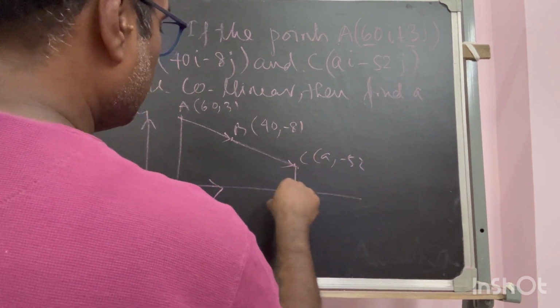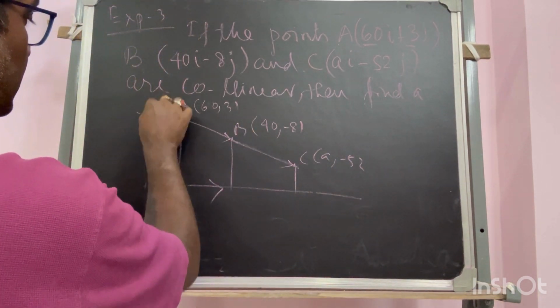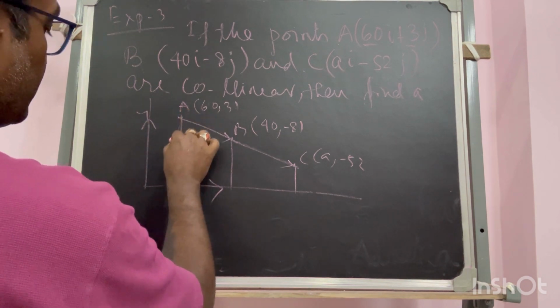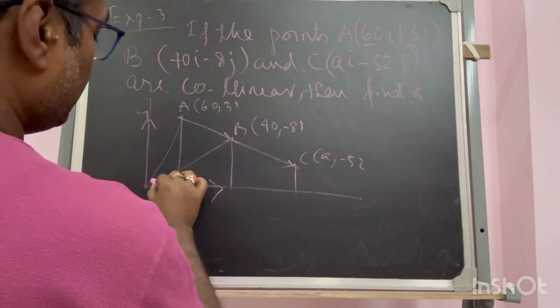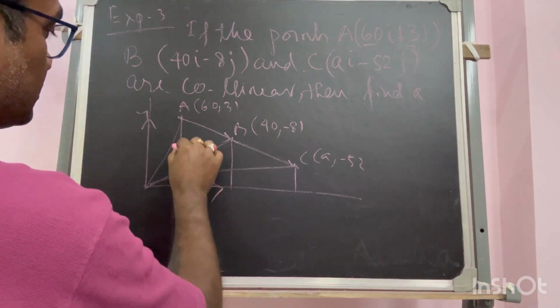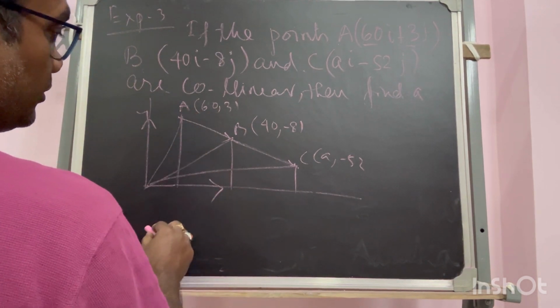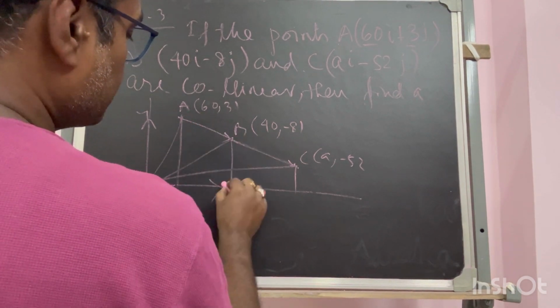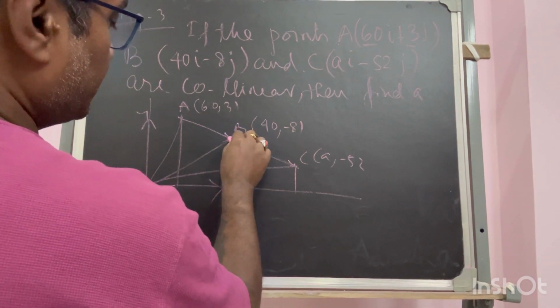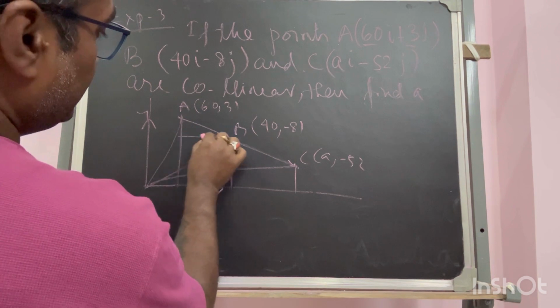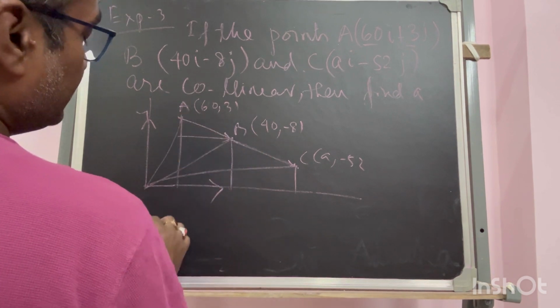Now if I drop these and join this, this is the x component of this point and the y component. And this is the x component of this, this is the y component. Now if I join this, what would be the slope? What would be my slope then?